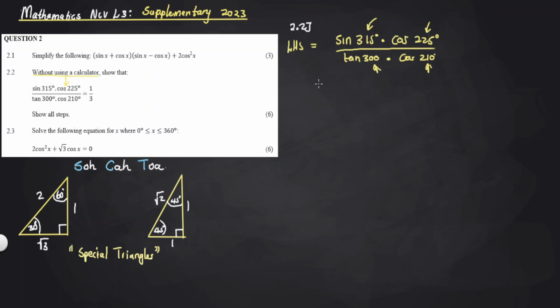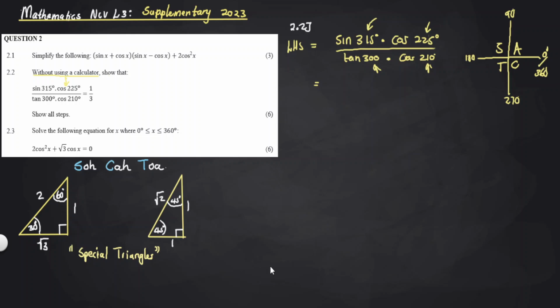So we're going to do the following. Let me prepare a CAST diagram here. CAST. We have 0 degrees, we have 90 degrees, we have 180, we have 270, going back, 360.